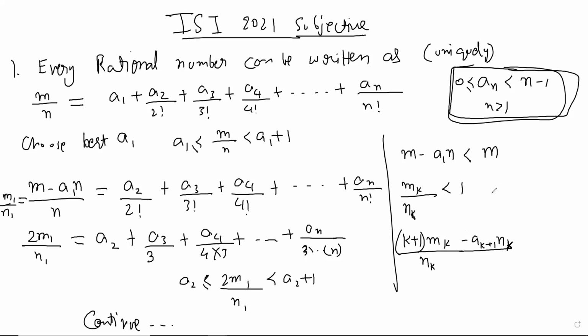But then the key is that you're choosing the best one. You're choosing the best one, which means that k plus 1 times mk by nk is less than ak plus 1 plus 1, right?